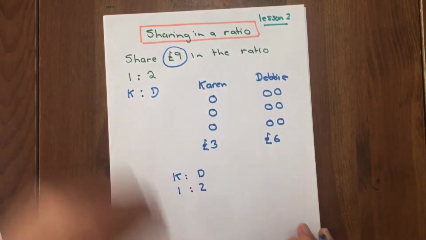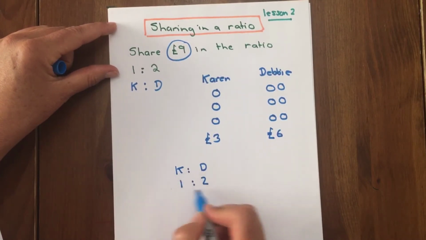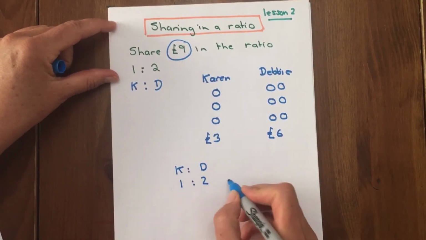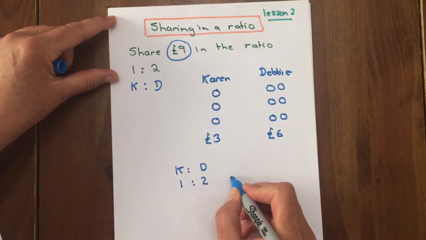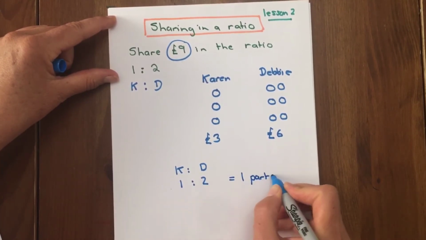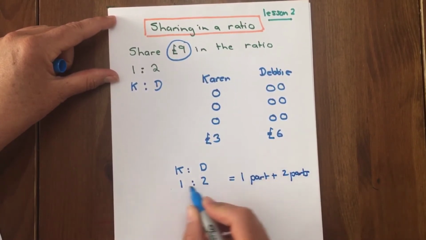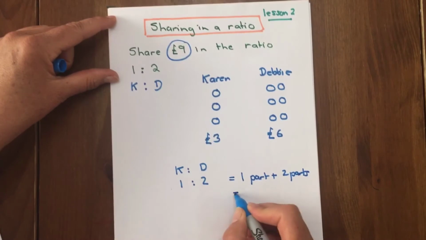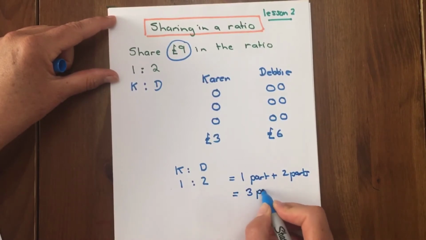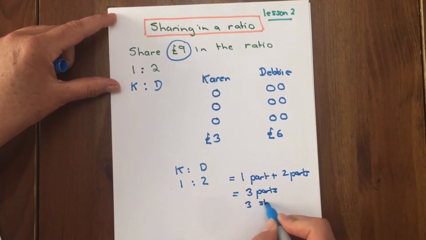So first of all I look at the total number of parts that I've got here. This is the same as saying I've got 1 part add 2 parts, or think of it as 1 share and 2 shares. So altogether I've got 3 parts or 3 shares.